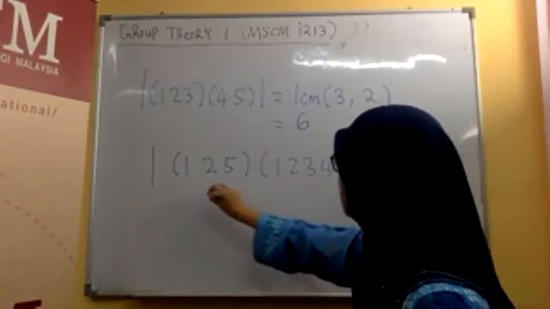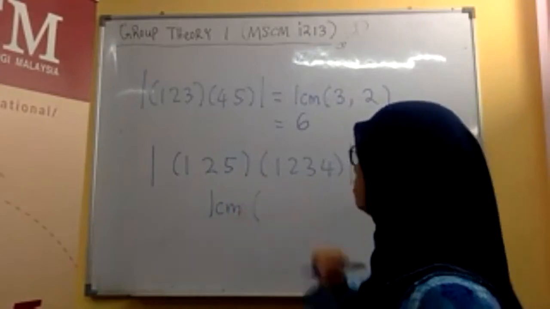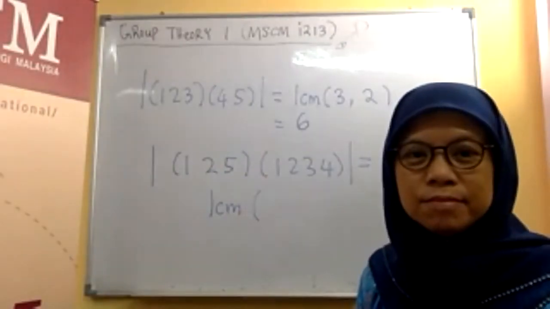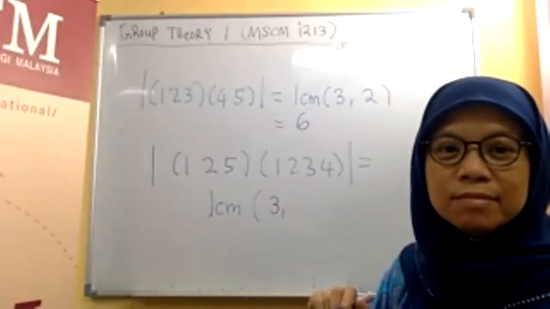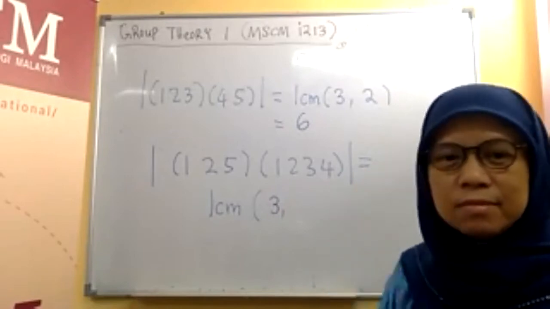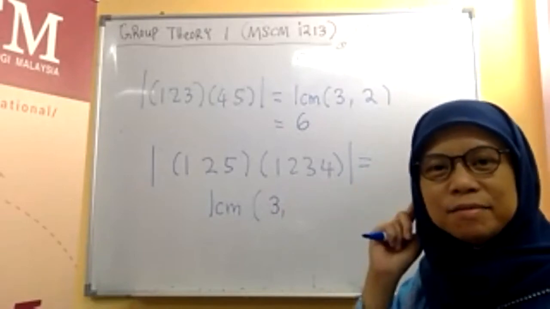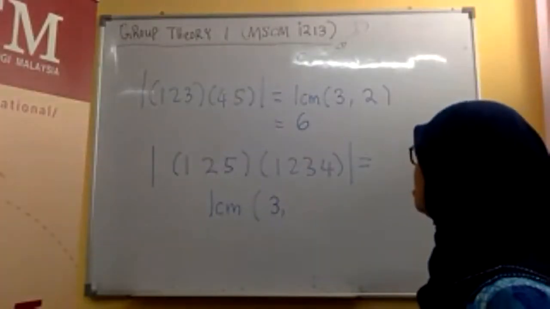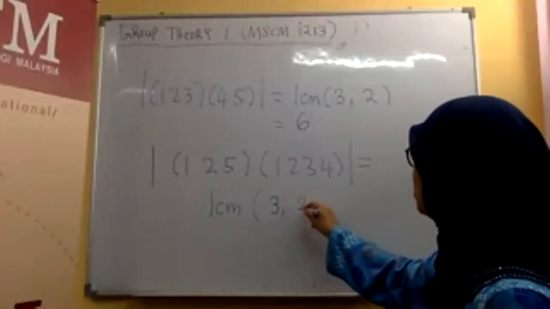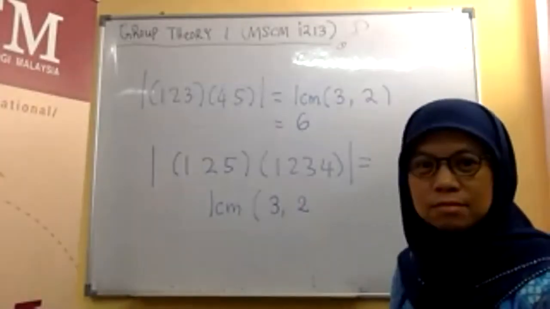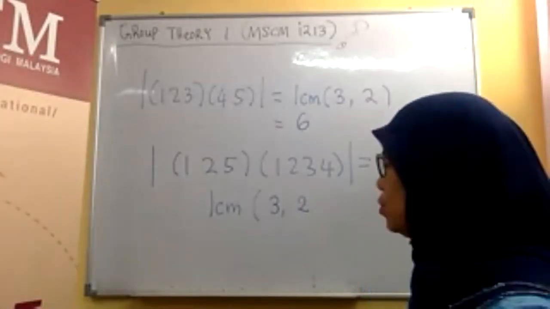This is the LCM of 3 and 3 and 2. What do you have to do?